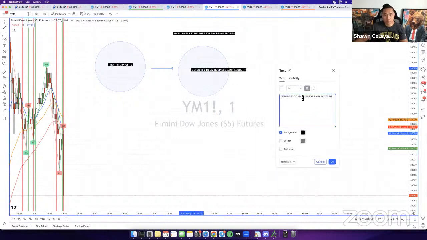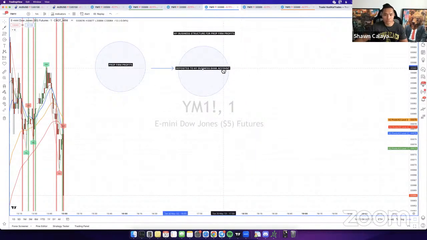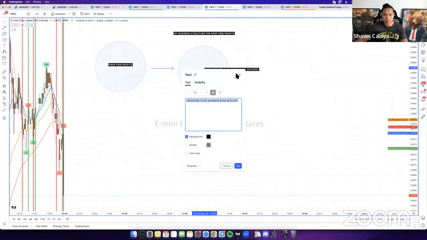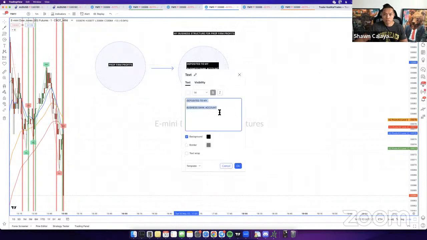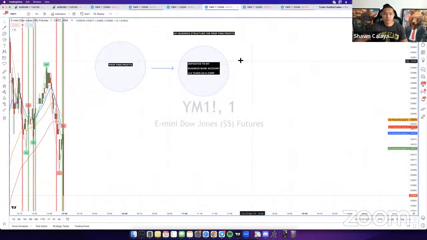I don't deposit any of my funds to my personal account. None of my money goes to my personal account. This is how I do it. Business bank account, LLC, taxed as S Corp. So whenever I get a payout, I get a wire transfer to my business bank account, LLC taxed as S Corp.